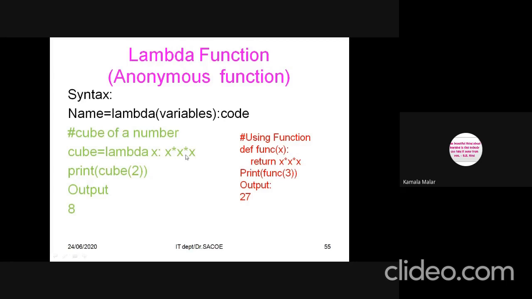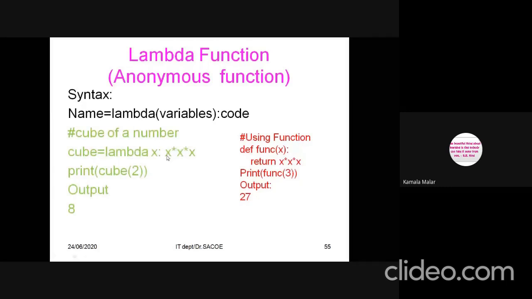Since we didn't name the function, it is also known as an anonymous function, a function without a name. The lambda will return a function object, and the cube variable is assigned the result, and we can see the result by printing the cube value.